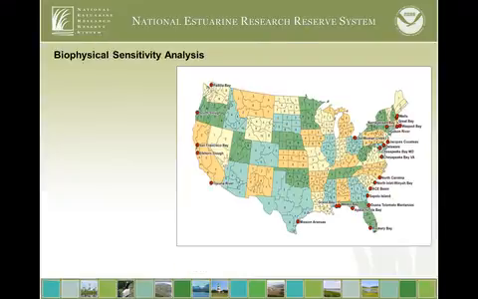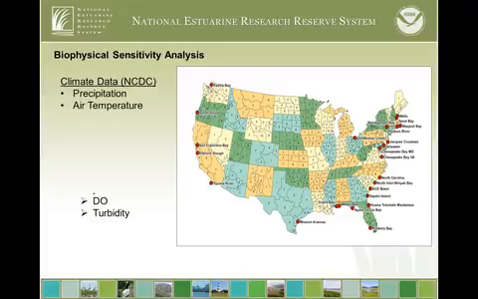The next thing we looked at was the biophysical analysis. What you're seeing on your screen is a map of the National Climate Data Center divisions of climate, or I should say the climate divisions for which NOAA's National Climate Data Center has been collecting both precipitation and air temperature data over the last 100 to 110 years or so.